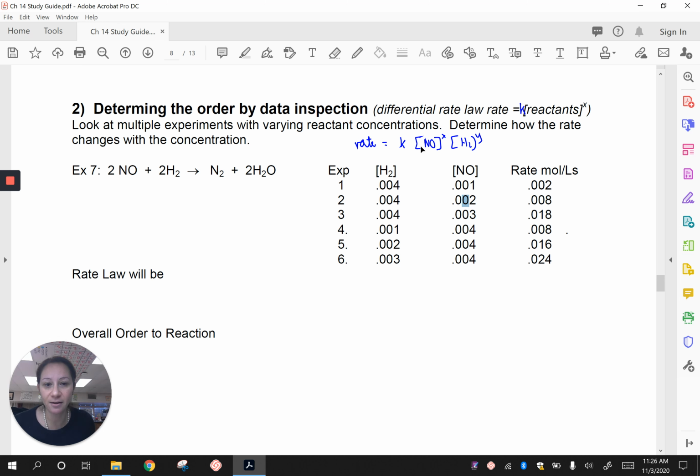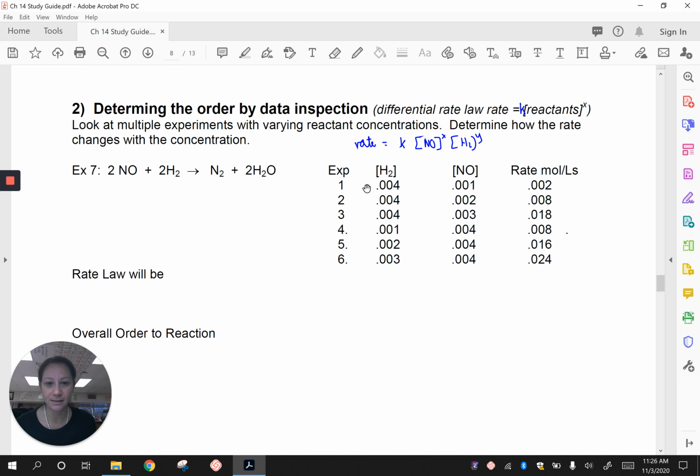So let's say we want to know what x is, the order with respect to NO. So what you do is you look at 2 experiments where the NO changes, but the other reactants don't. So we want to look at 2 experiments where the H2 is constant, but the NO changes.